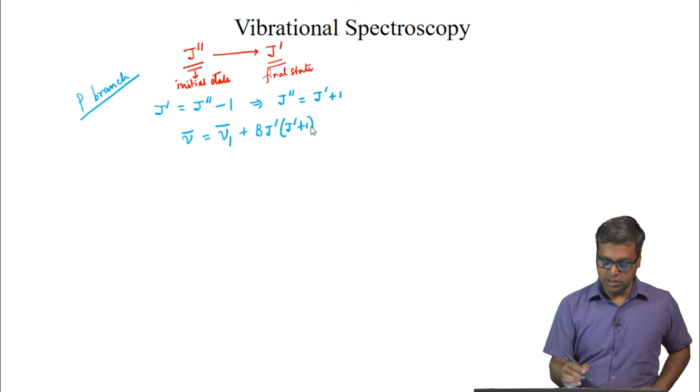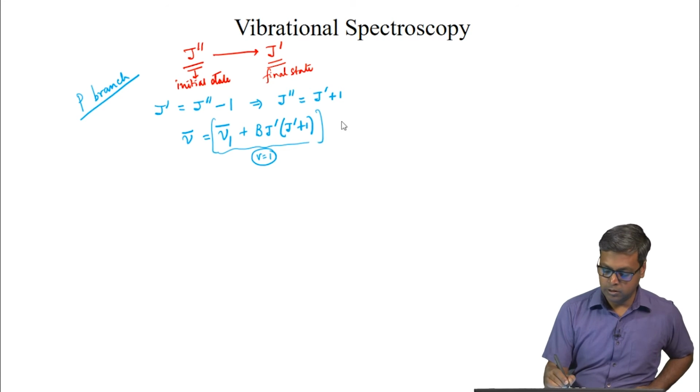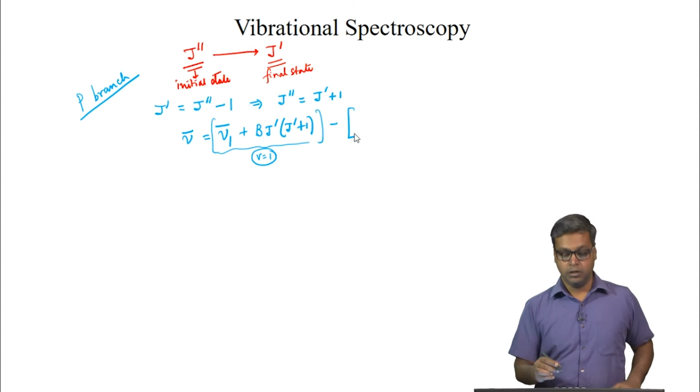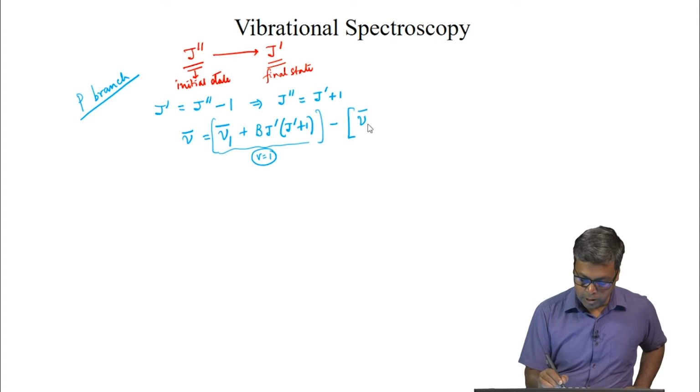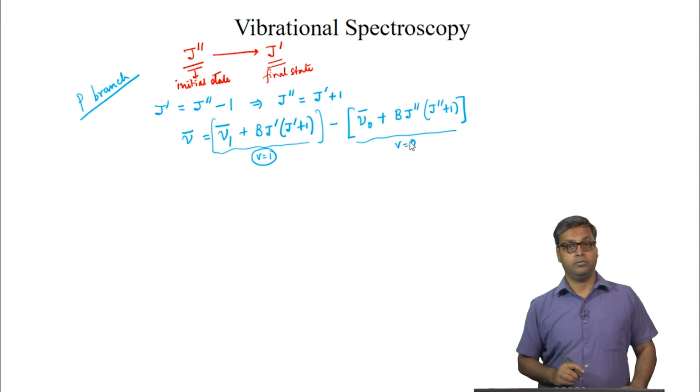This is the energy of the V equals 1 state, and we have to subtract nu bar 0 plus B J double prime times J double prime plus 1. This is for V equals 0.